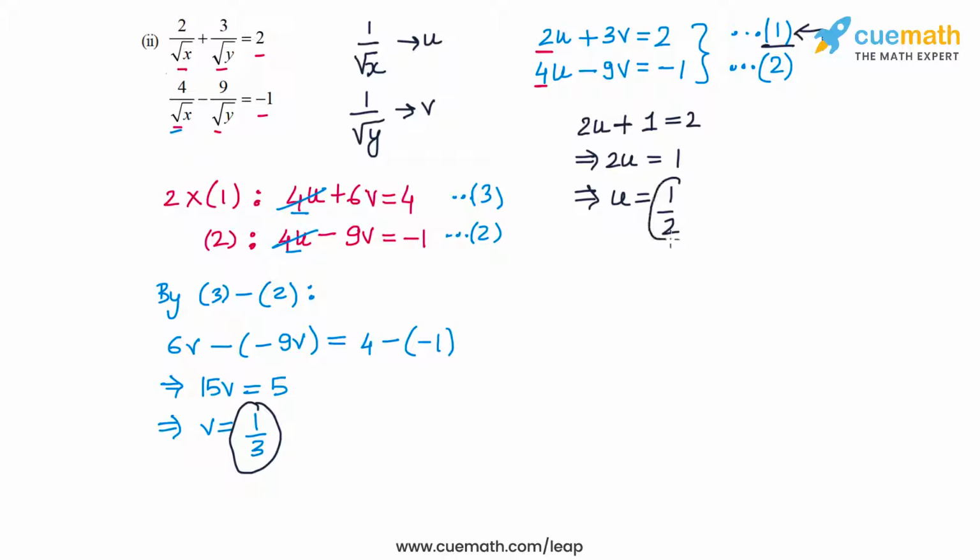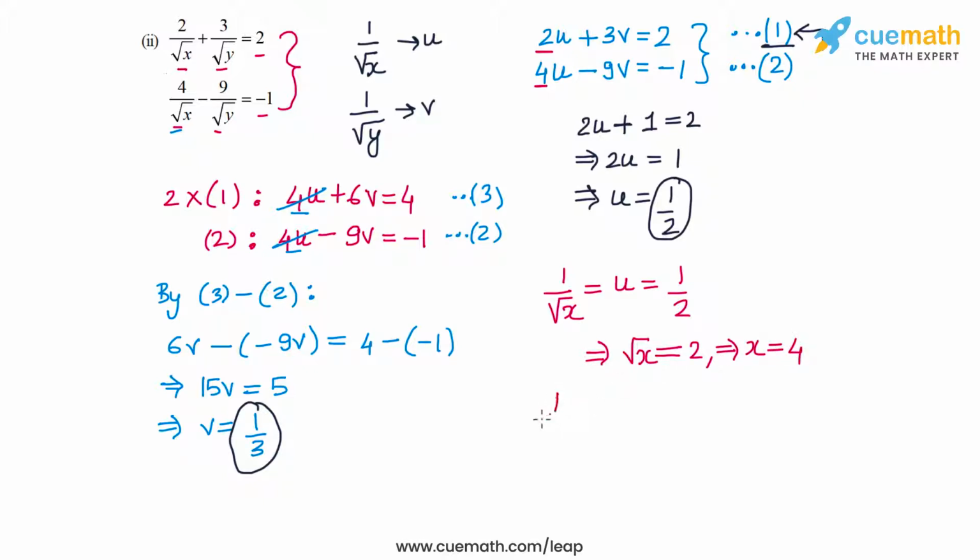So u is equal to half and v is equal to 1 by 3, but we need to find the values of x and y because the original pair of equations was given to us in the variables x and y. So we have 1 by root x is equal to u, which is equal to half, and from here we can say that root x is equal to 2, and this means that x is equal to 4 just by squaring this relation.